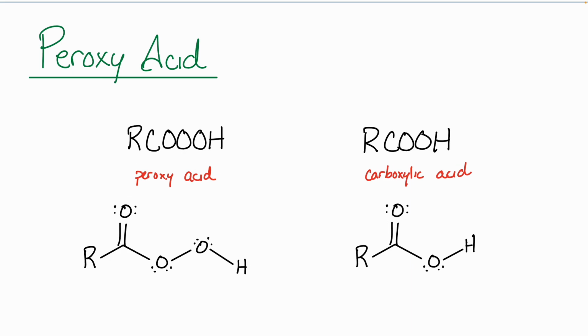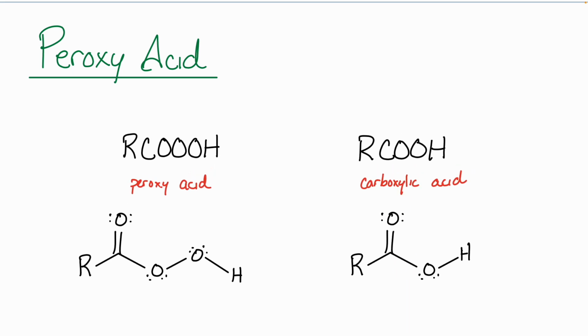Our peroxy acid, we're going to see this a few times in this course, and they always do something kind of weird. They're going to stick an oxygen between an existing carbon-carbon bond.